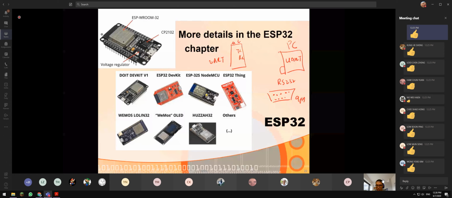You can transmit and receive. On the breadboard, you connect transmit to receive, transmit to receive. If you connect like this, and assume that the PC has a UART, you will burn the ESP8266.